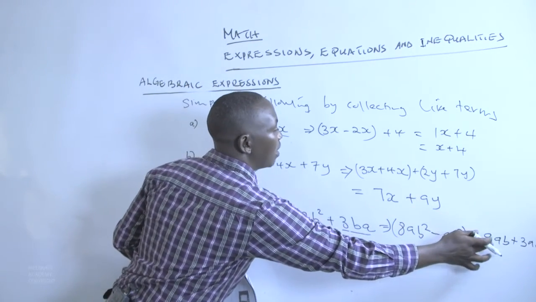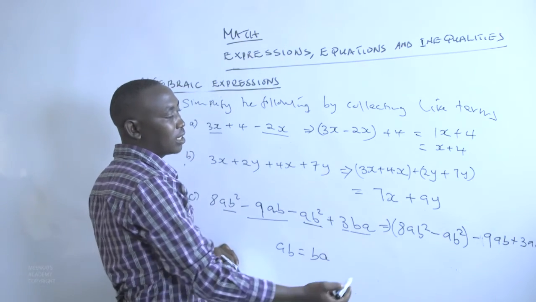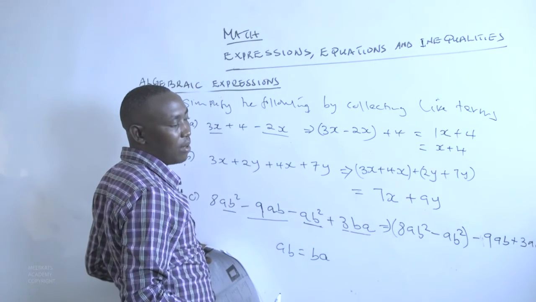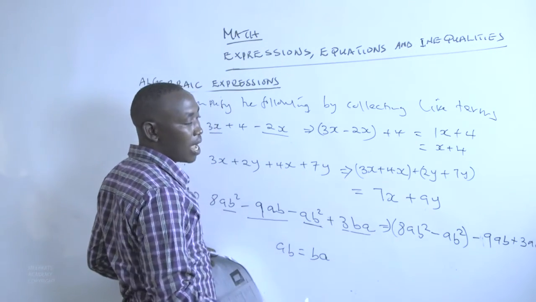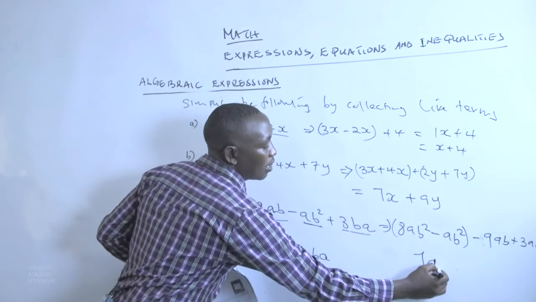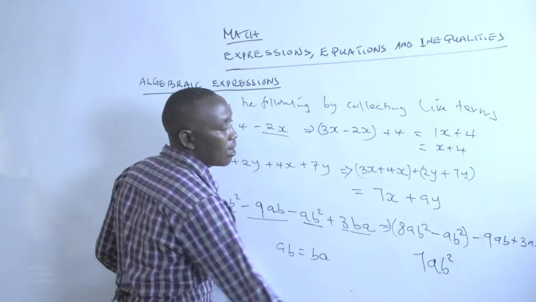So these ones are not there. So when you subtract 1ab squared from 8ab squared, you get 7ab squared.